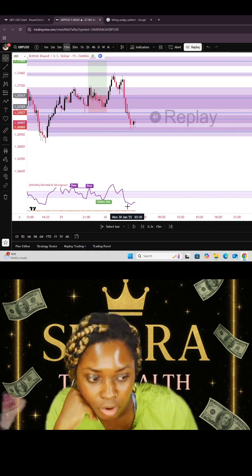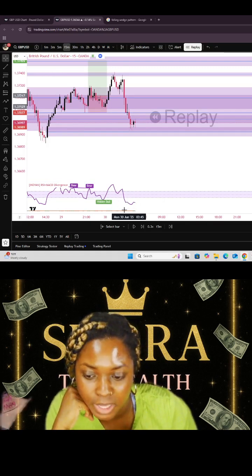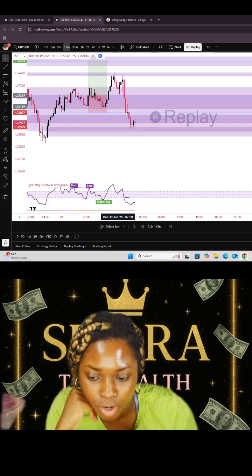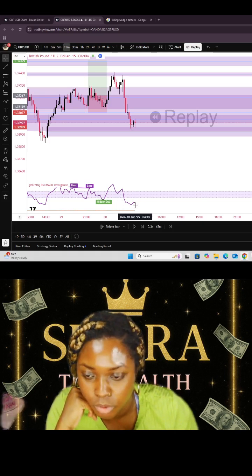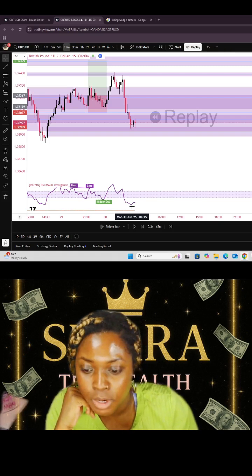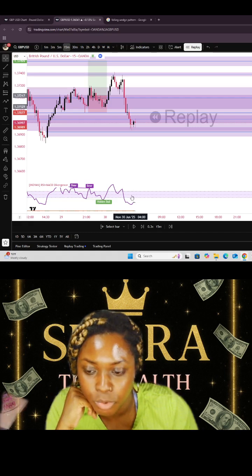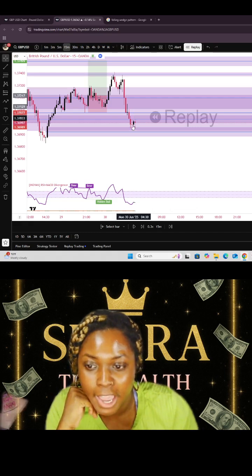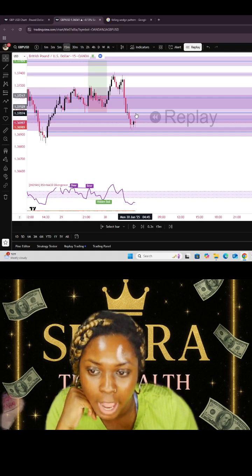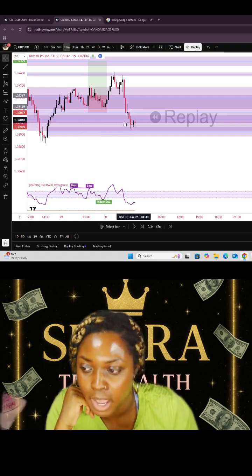Now here on my RSI, price is telling me that it's low. It's oversold. So I want to see on the indicator if price is going to try to come back up to the purple zone and give me an entry. And I also want to see what's going to happen at my zones here, okay? So I'm pressing play.